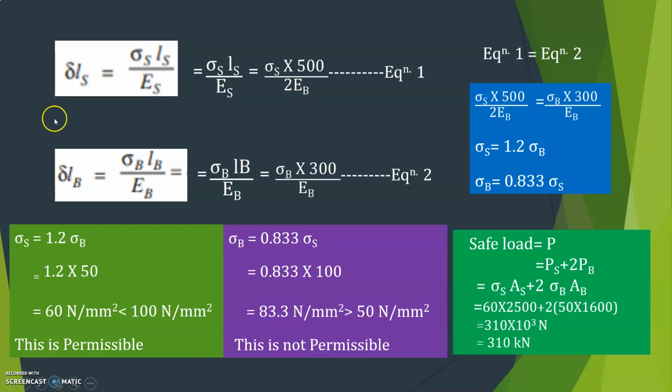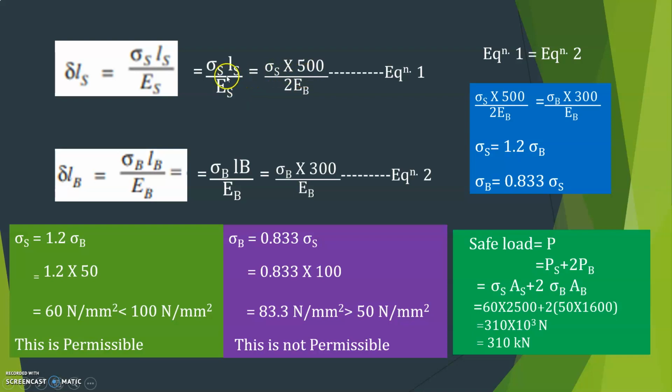So first we will find the deformation in the steel rod, how the stresses are developed in the steel rod. Deformation is equal to, I have directly written here, PL divided by AE. P divided by A is sigma S. So substitute sigma S into LS divided by ES, right?